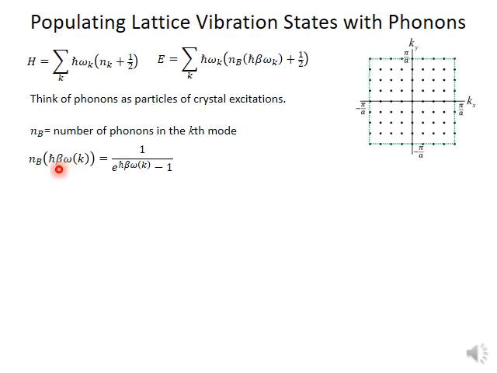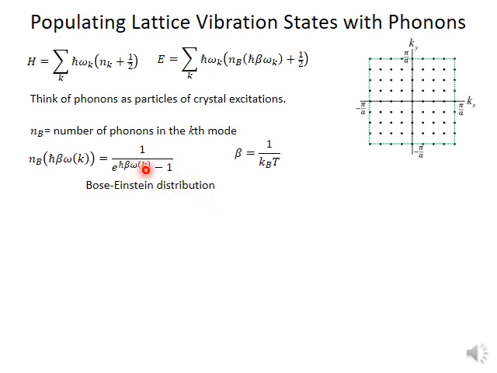Because the distribution also depends on temperature, you have a factor of beta here, where beta is the inverse of temperature, kb is the Boltzmann constant, and the distribution function is 1 over exponent of that factor minus 1.